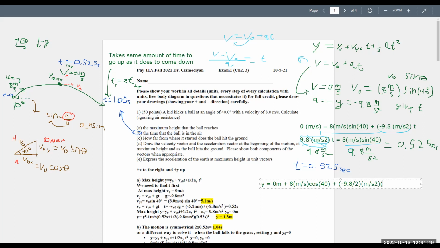And then you're gonna multiply t twice. Oh, I forgot to multiply t here. 0.525 seconds. This little caret symbol is to the power of 2, so squared.